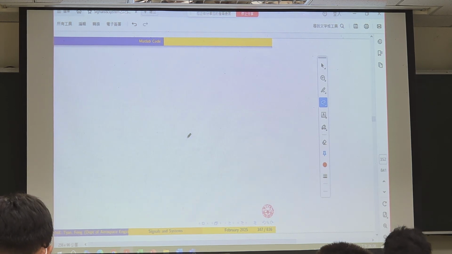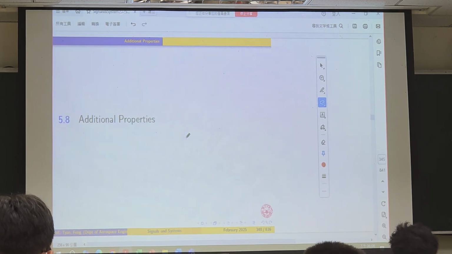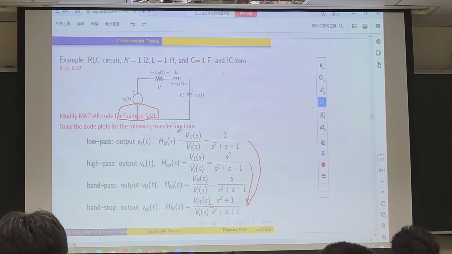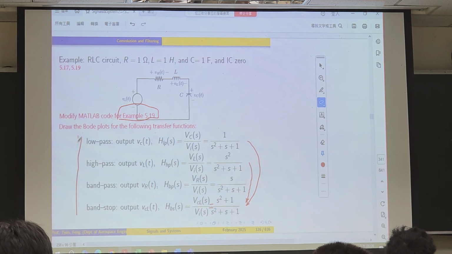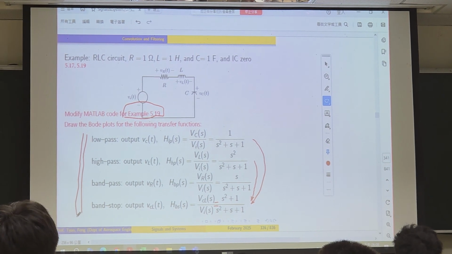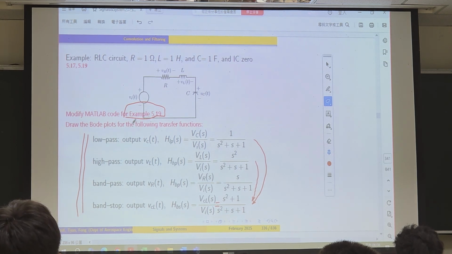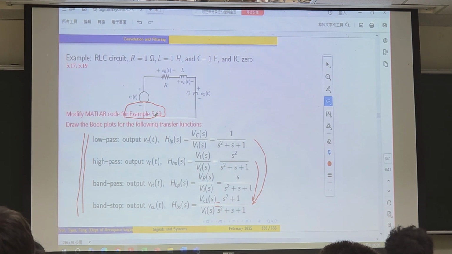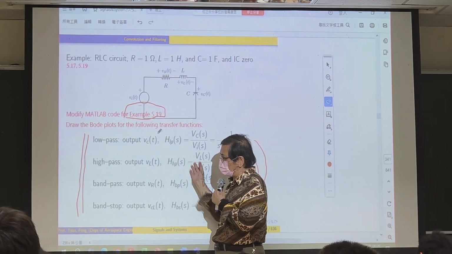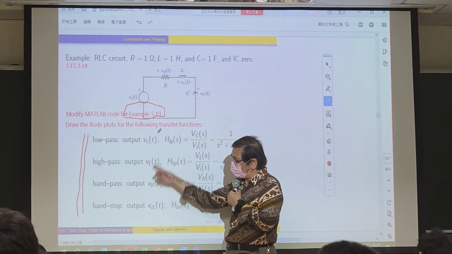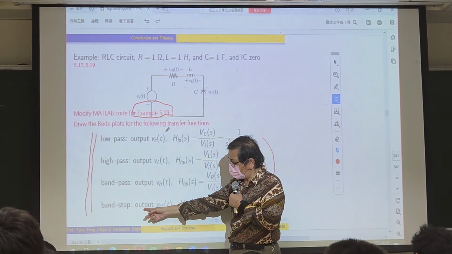Modify the code for example 5.19, so that after the modification you can draw the Fourier transform, or frequency response, of the following four filters: low pass, high pass, band pass, and band stop.